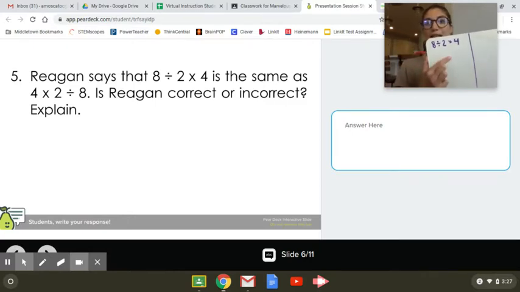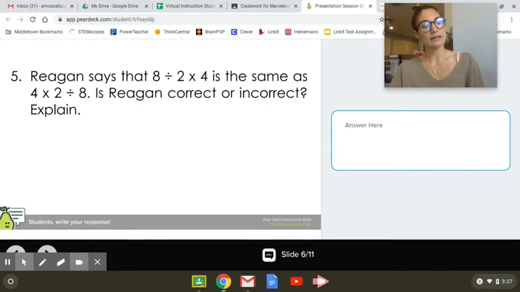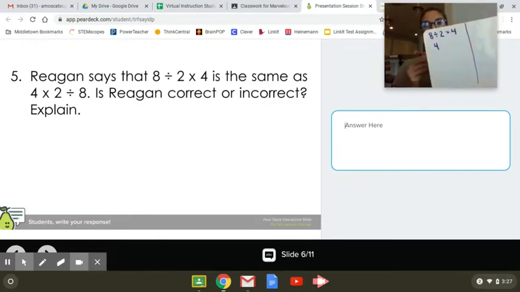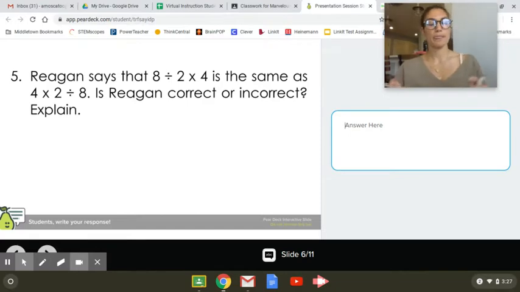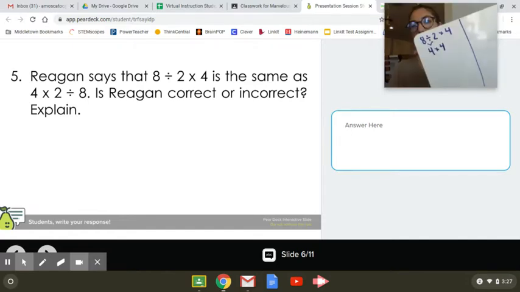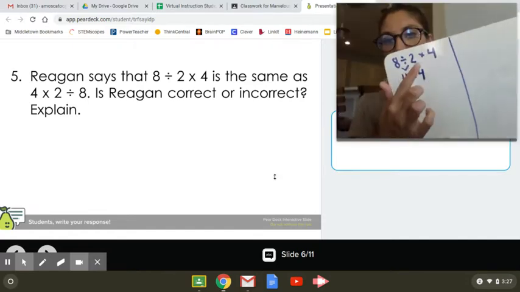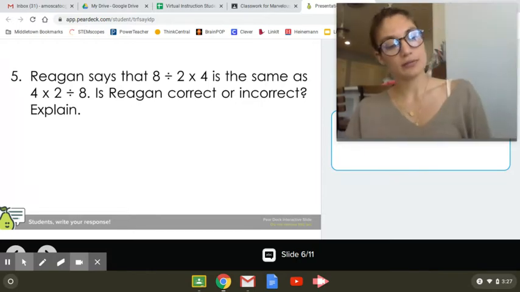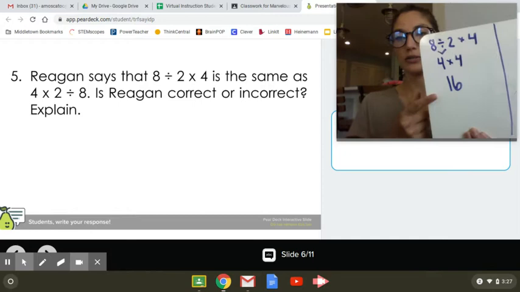We just go from left to right. I'm going to start by doing 8 divided by 2. 8 divided by 2 is 4, right? And then I still have to do times 4 because that was left over. Now I do 4 times 4, which I know is 16. So the first way I got 16.